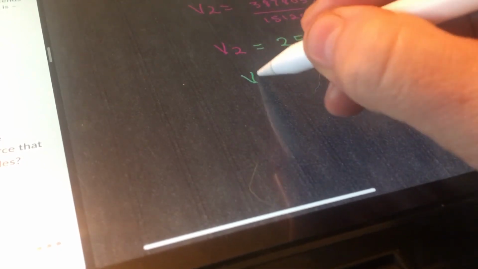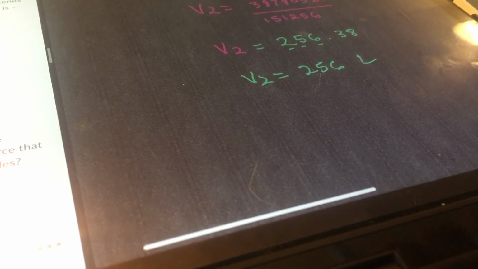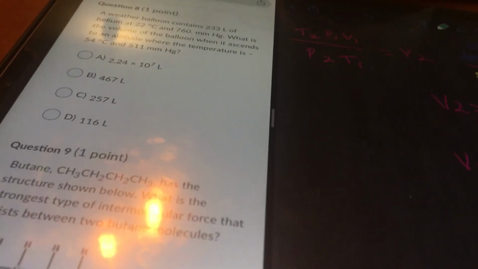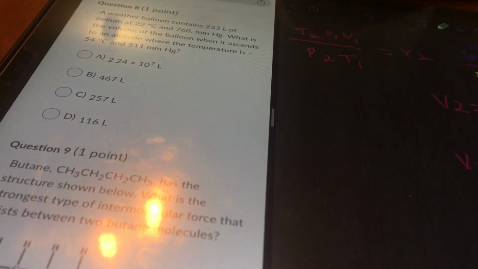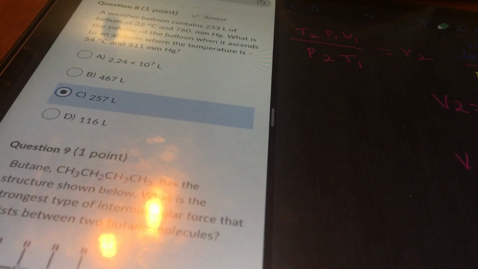So we have V2 is equal to 256 liters. And over here, I don't have 256, but it's probably because I didn't put in the decimals having to do with Kelvin. But I know we're close enough. 256.